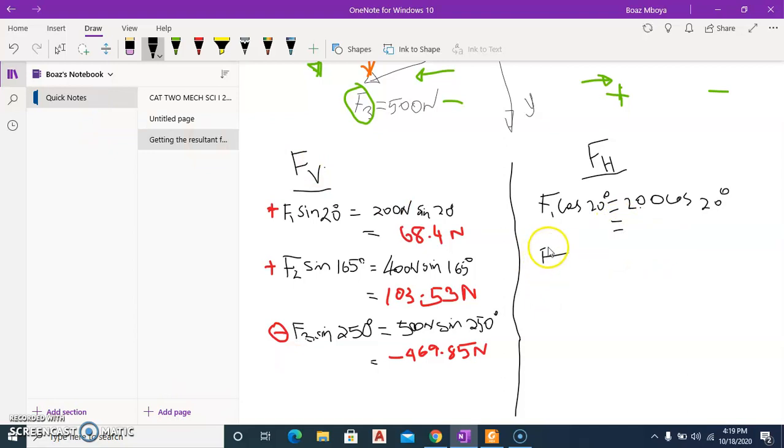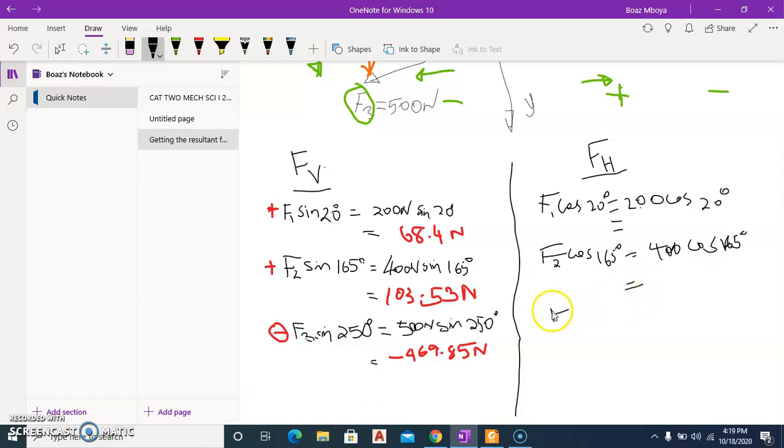Then you have F2 cos 165 degrees. And then F2 is 400 newtons. So 400 newtons cos 165 degrees. Then that one, we'll look at the answer.